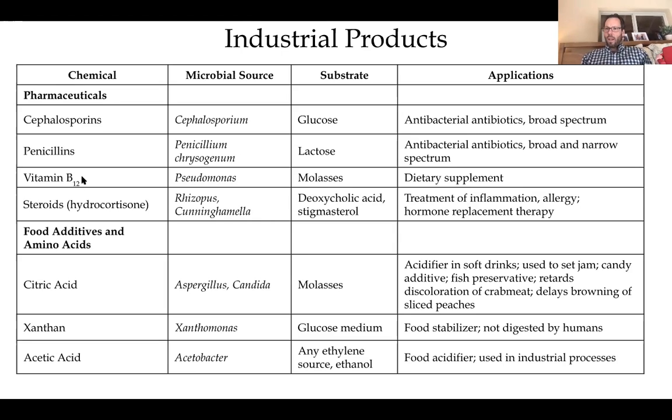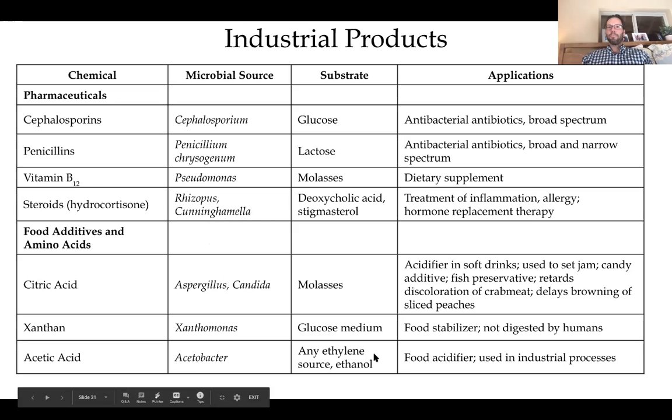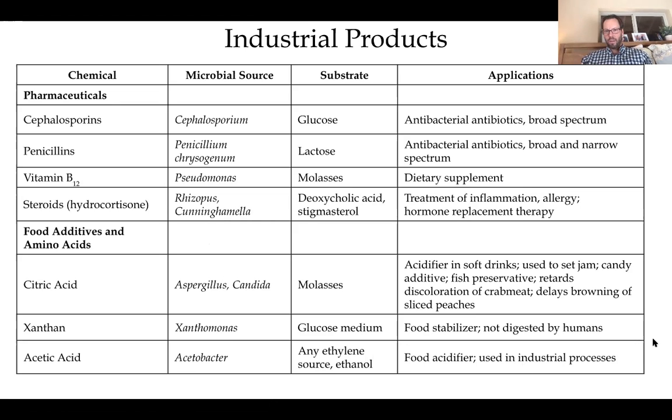Vitamin B12, it's important because we don't make it, we have to consume it, and we can get that from Pseudomonas. Steroids, citric acid, acetic acid, so on. Okay, so just a few examples of this.